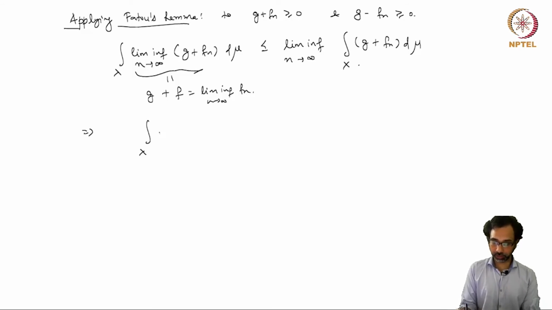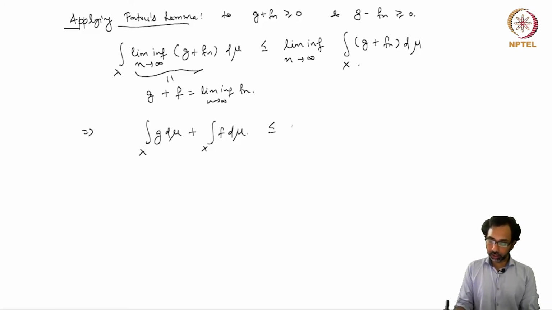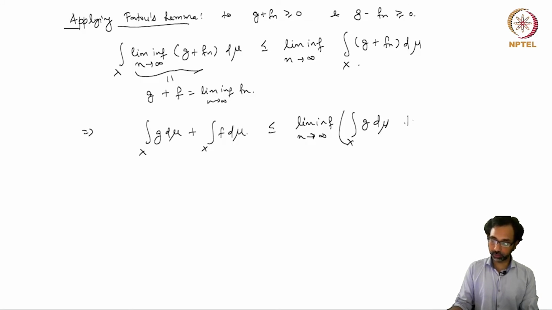So this implies that integral g d mu plus integral f d mu, by using linearity I am writing it as two integrals, g d mu plus f d mu, and this is less than or equal to the lim inf as n goes to infinity of integral g d mu plus integral fn d mu. But this first one does not have any dependence on n, so you can take this lim inf inside.